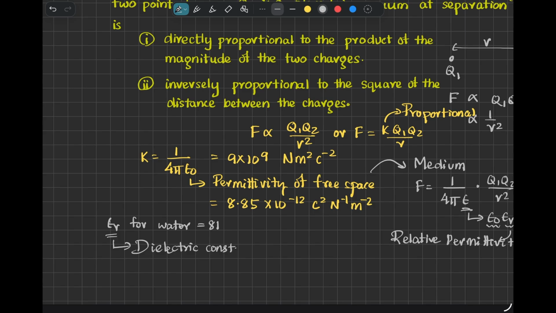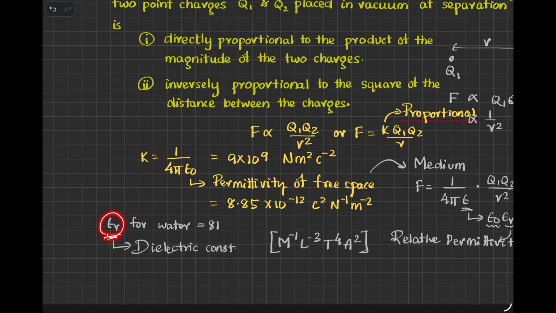Now, if we want to write the dimensions of epsilon, then it is M minus 1 L minus 3 T4 A2, be it epsilon or epsilon naught. But epsilon r is dimensionless. Epsilon r is basically the ratio of two terms, epsilon to epsilon naught. That's why it is dimensionless.